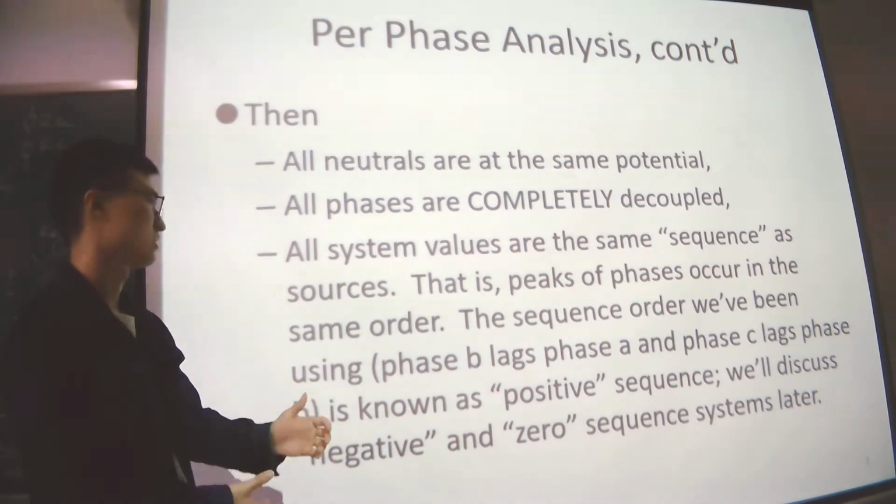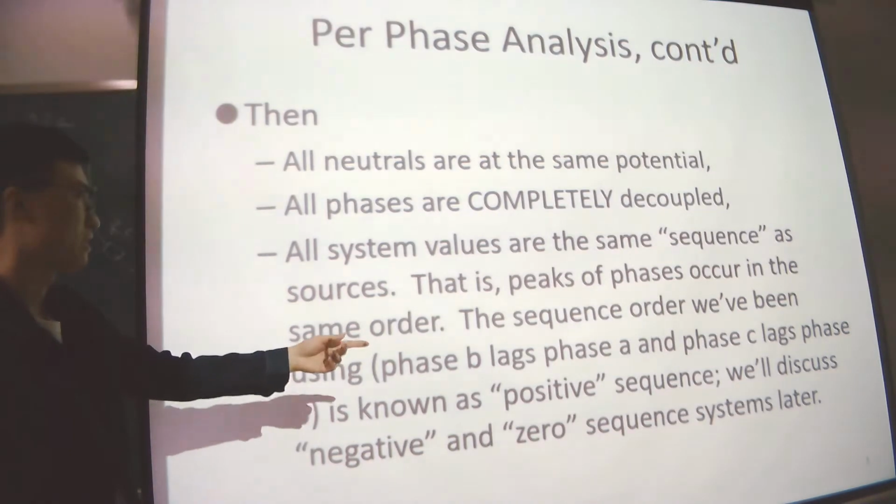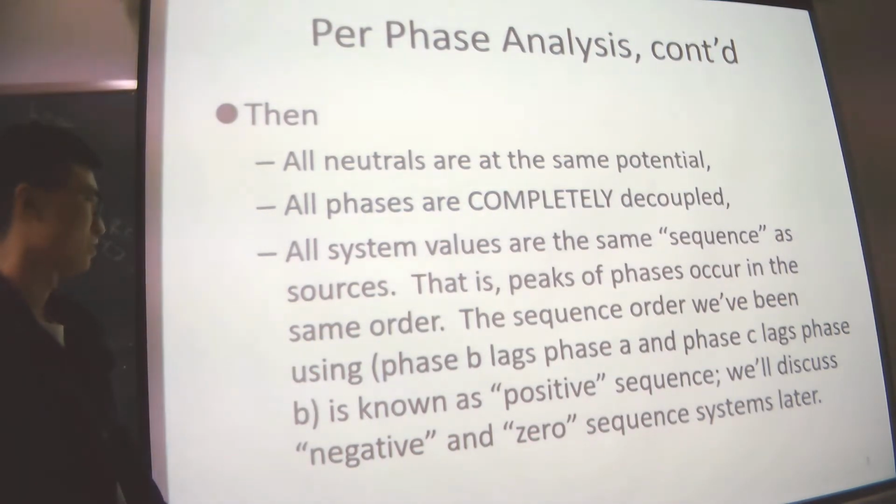We need this sequence order, for example, phase B lags phase C lags phase A, right? So this is A, B, C, right?